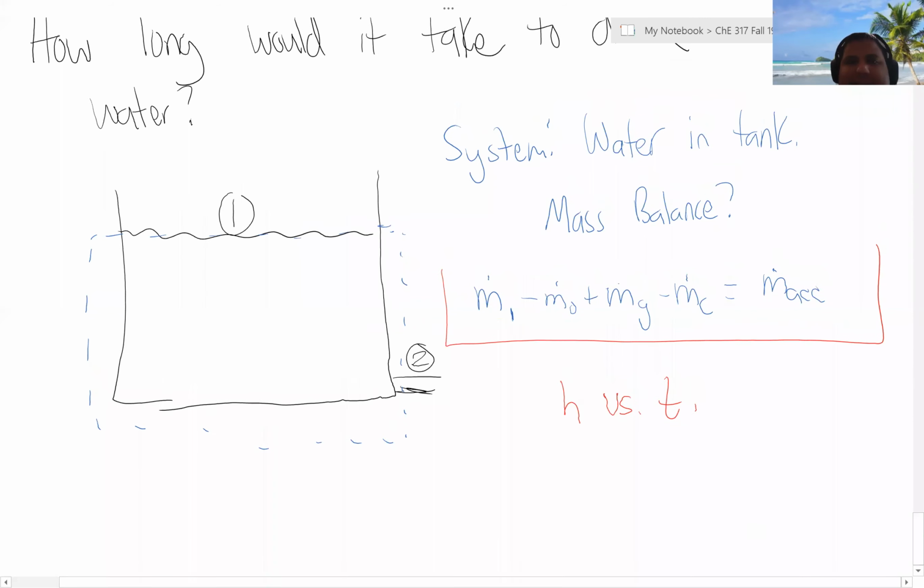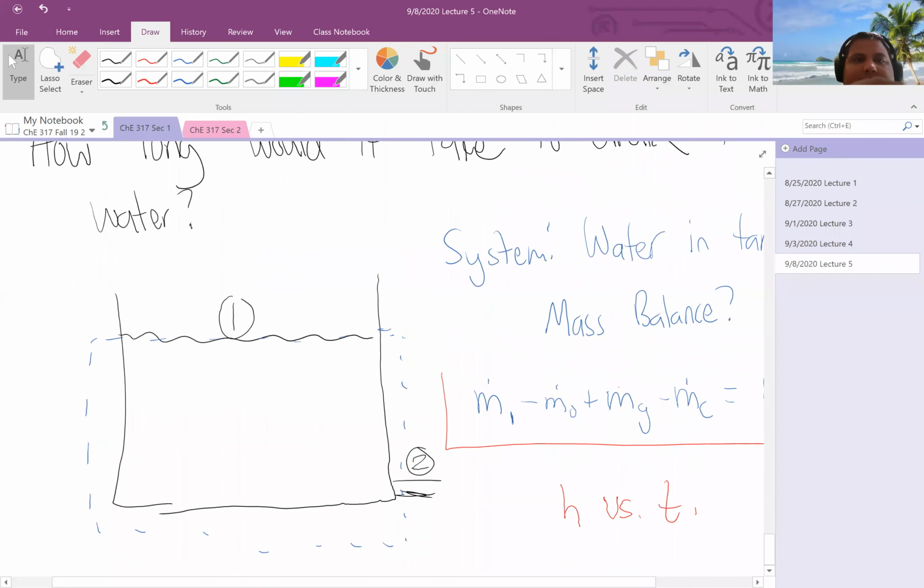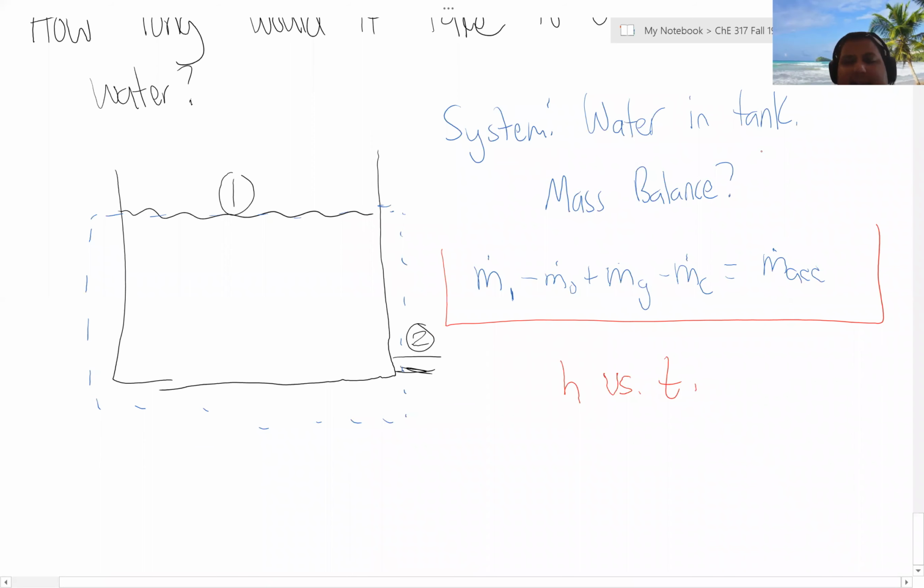Let's start with the mass balance. Which terms can I safely neglect?